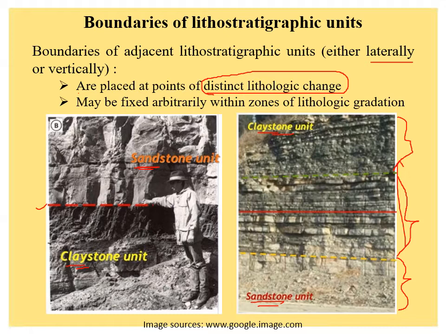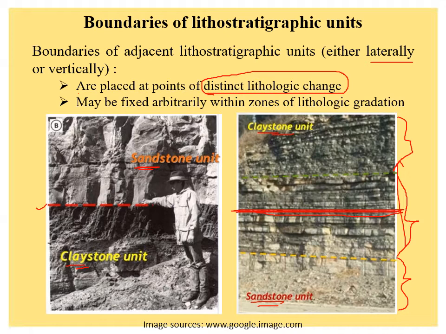If we demarcate this entire sequence into two halves, we can plot a single line in the middle portion of this mixed lithological unit. By this line we can divide the entire lithological column into two halves. The lower part is sand dominated, the upper part is mud dominated or clay dominated, and gradually the sand dominated unit changes to the clay dominated upper unit.